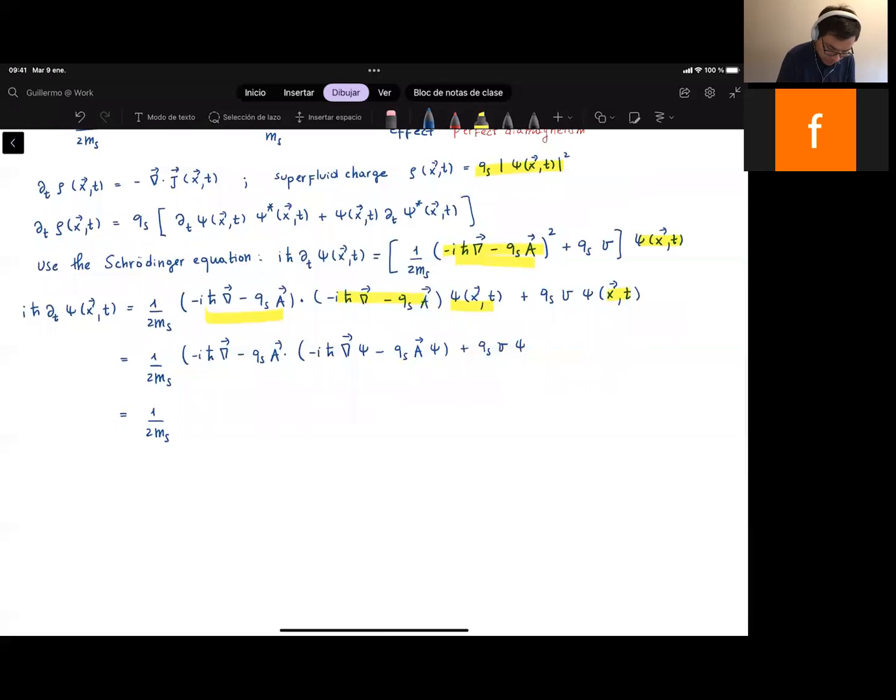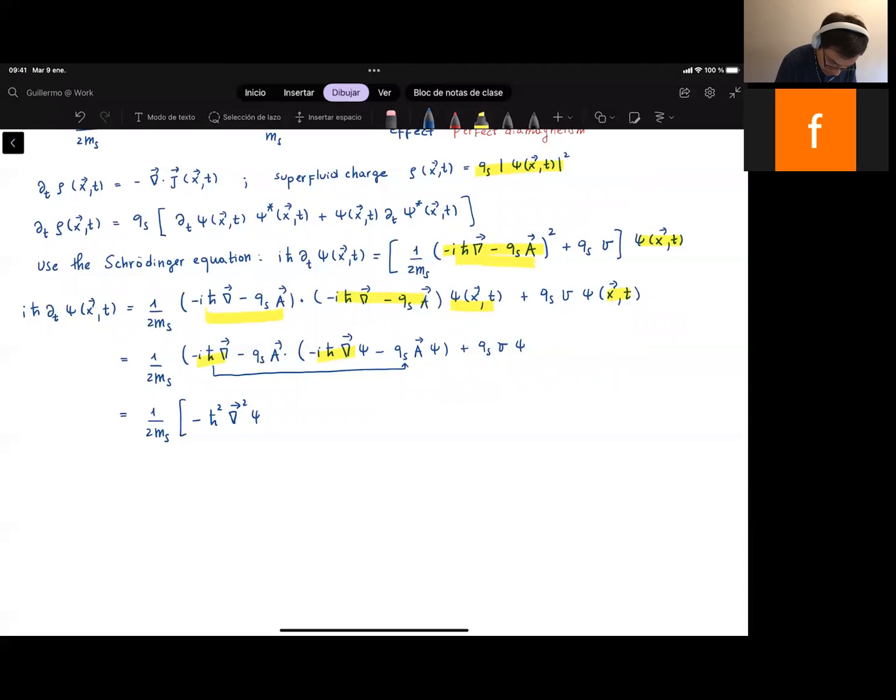And then what we have here is 1 over twice MS. And then we have, first of all, this operator acting here. So there will appear a nabla square, and we have a minus ħ squared nabla square acting on the wave function. Then we have a term which is this with this.